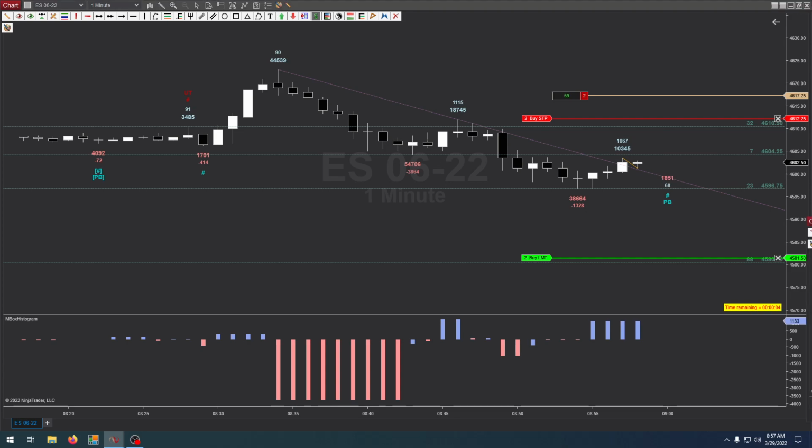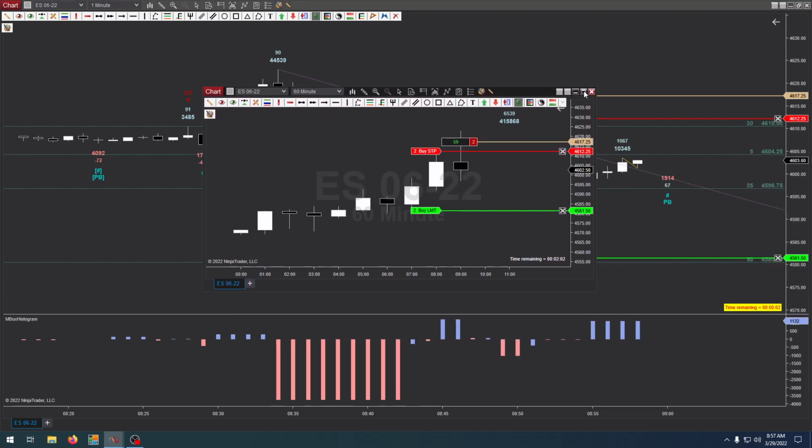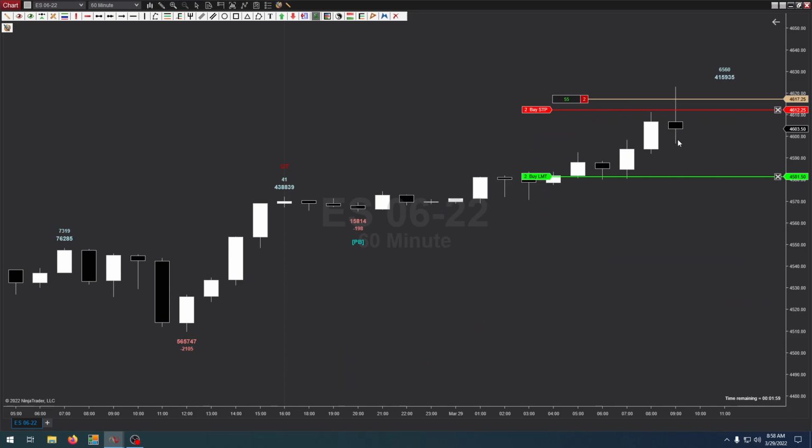What's happening also is on the hourly, at the very end of this hour right here, they're starting to give, sellers are giving some of it back. So this one may be trying to change colors.